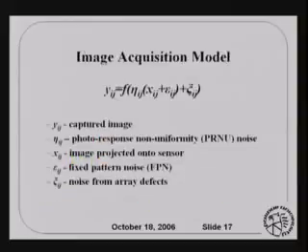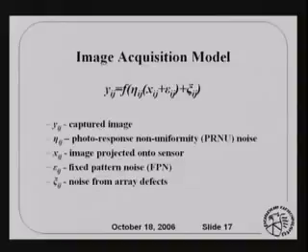Our focus is on the noise. As with any other sensing device, these CCD or CMOS sensors also have some noise incorporated with them. Here in this model, X_ij is the value of the ijth pixel of the original scene which we want to capture, and eta_ij is the photo response non-uniformity noise.